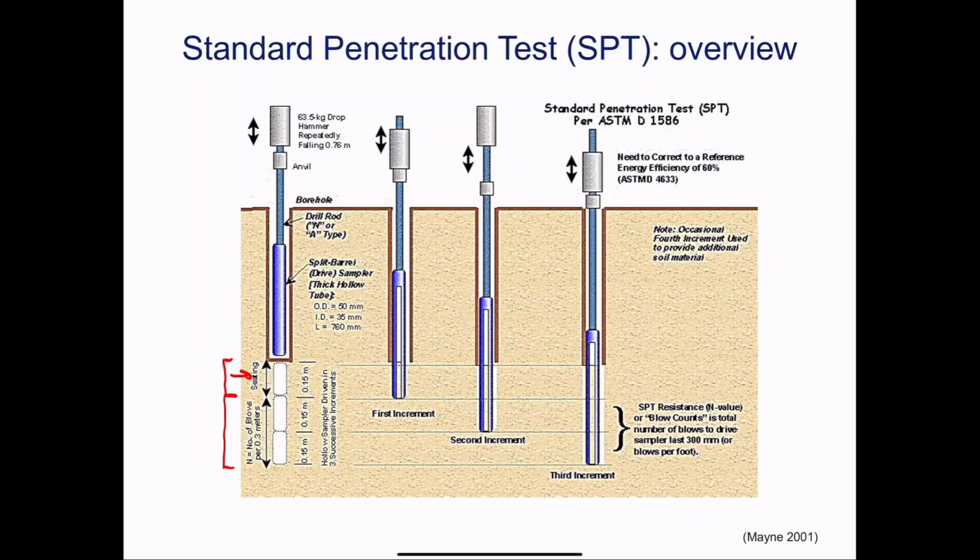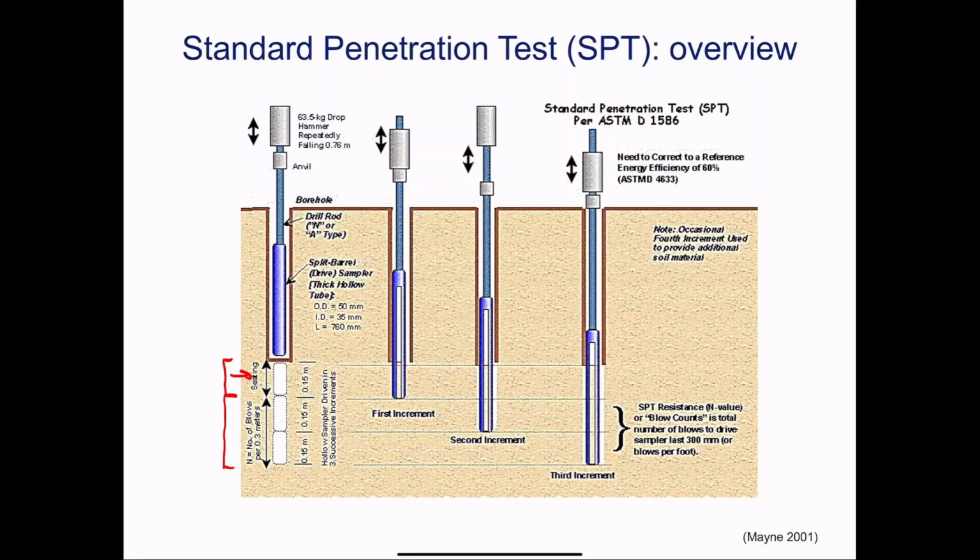The termination criteria, of course, is to prevent the damage of equipment and prevent meaningless hammering of the split barrel into the ground when you can no longer penetrate it because the ground is too stiff, or you've encountered large or hard inclusions such as core stones, right?